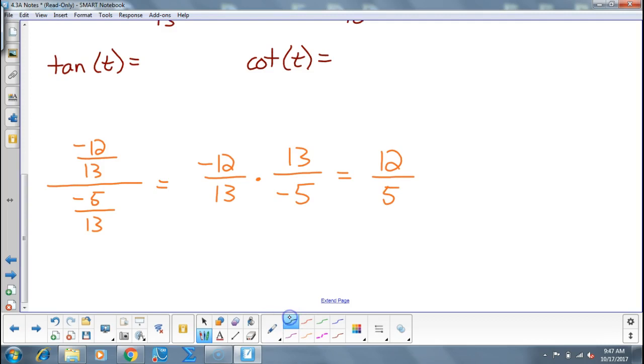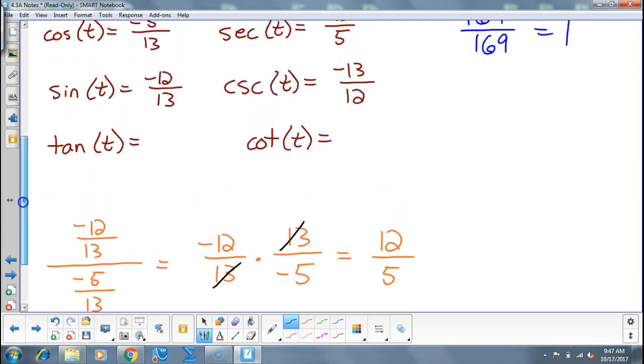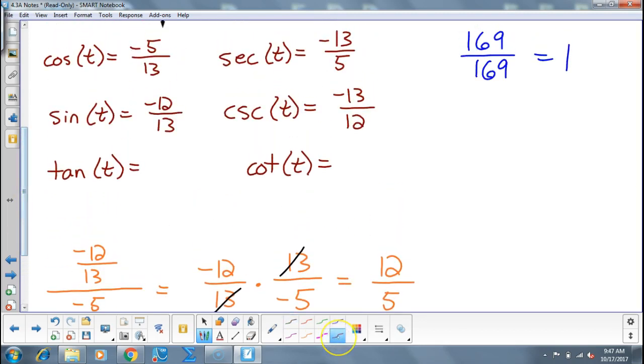Couldn't you also cancel off the 13s on a fraction too? Which is what we do, yeah. And then the negative divided by a negative becomes positive. So this one then is 12/5.